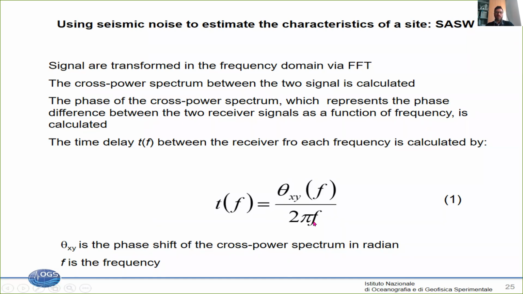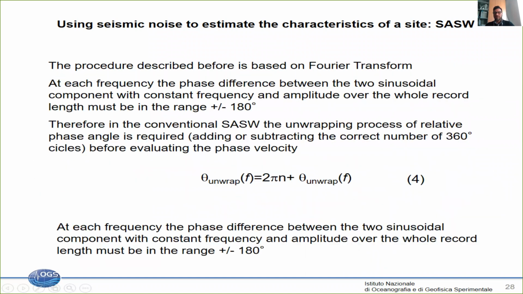So if I multiply this by omega, omega times t, I will obtain the phase difference. So I'm shifting the signal. I'm always playing with phase and time. And we know t is a distance divided by velocity. So you see, this is exactly the same equation.